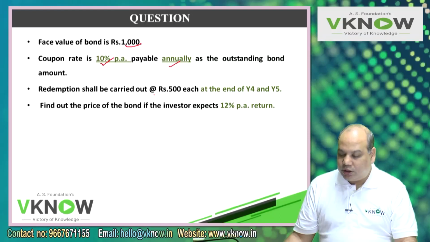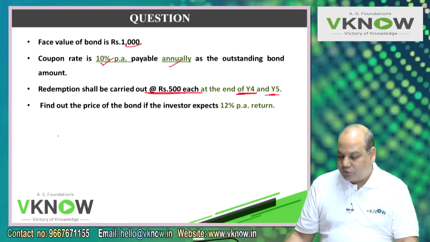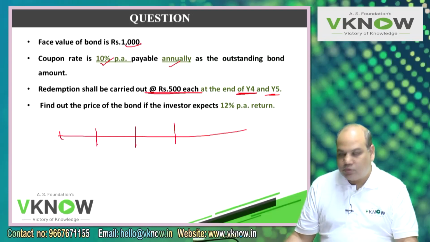Redemption shall be carried out at ₹500 each at the end of year 4 and year 5. So what is the redemption pattern? Year 1, 2, 3, no redemption. In year 4, they will redeem 500, and in year 5, they are going to redeem another 500 rupees.